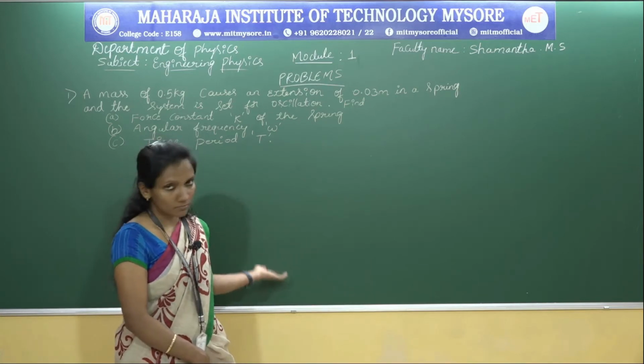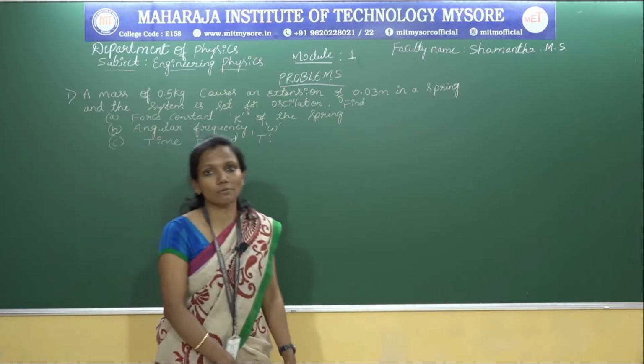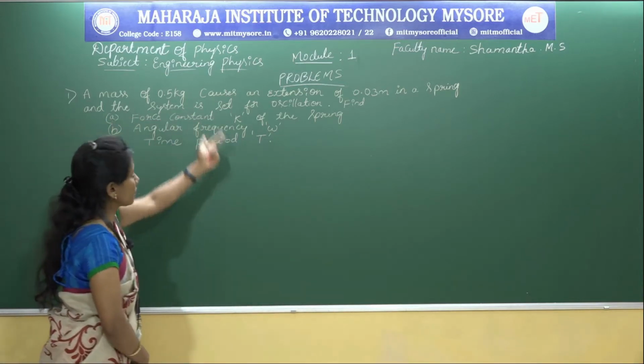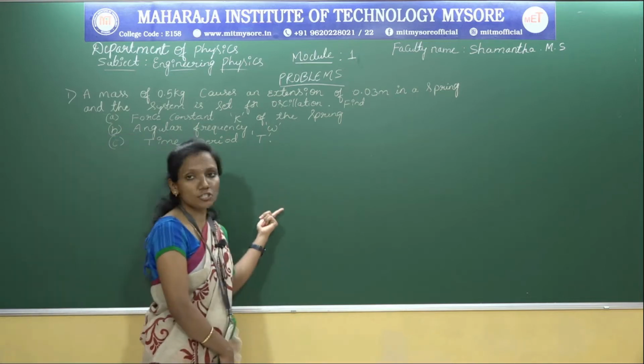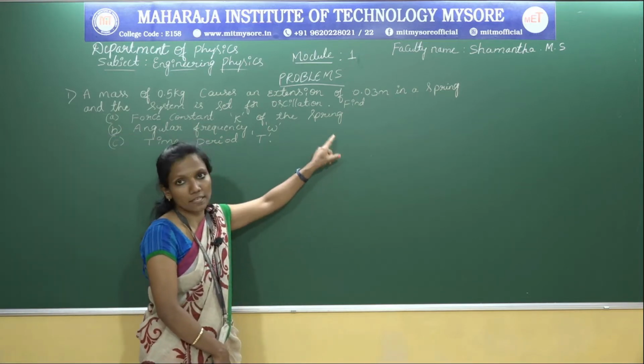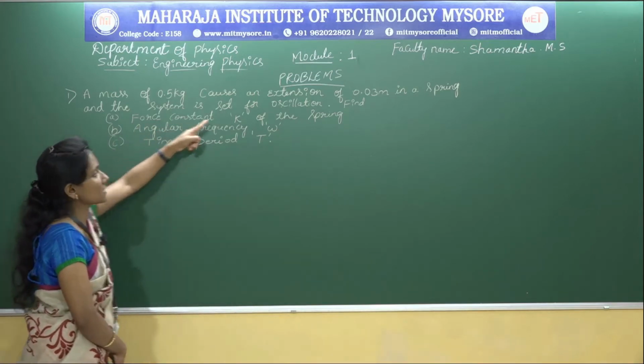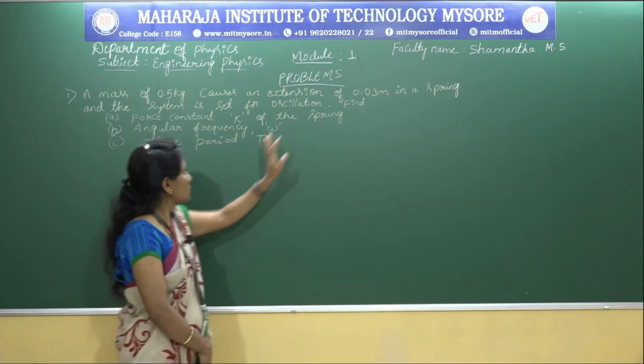So, here one problem is: a mass of 0.5 kg causes an extension of 0.03 meter in a spring and the system is set for oscillation.